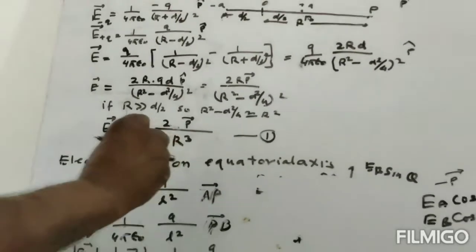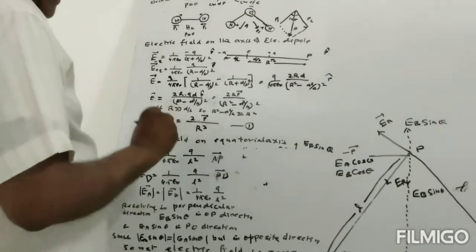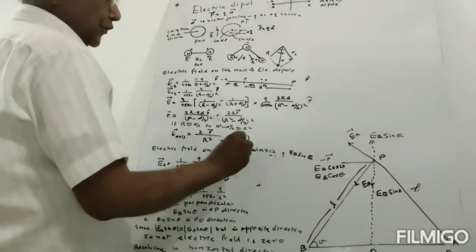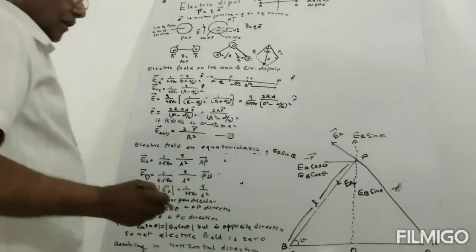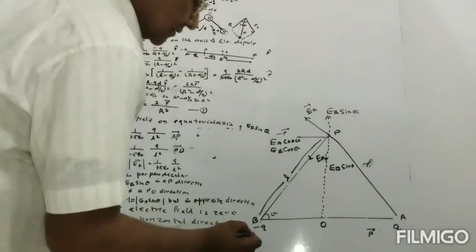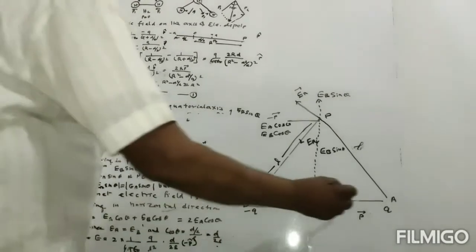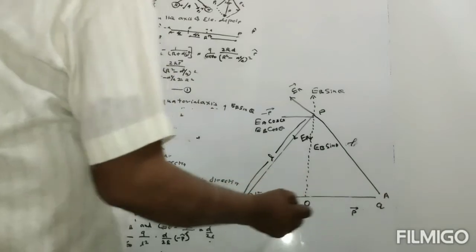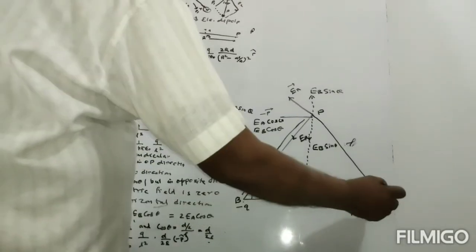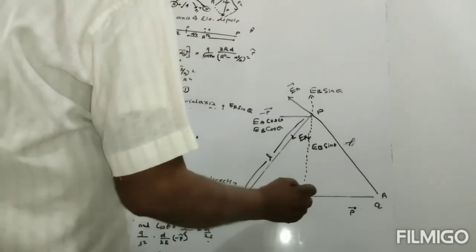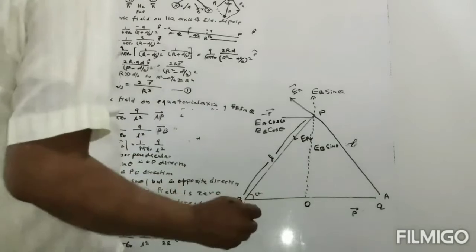Now we will find the electrical field of electrical dipole on the equatorial plane. Now we consider the minus Q charge at B and plus Q charge at A. The distance between O and A is d by 2 and O and B is also d by 2.